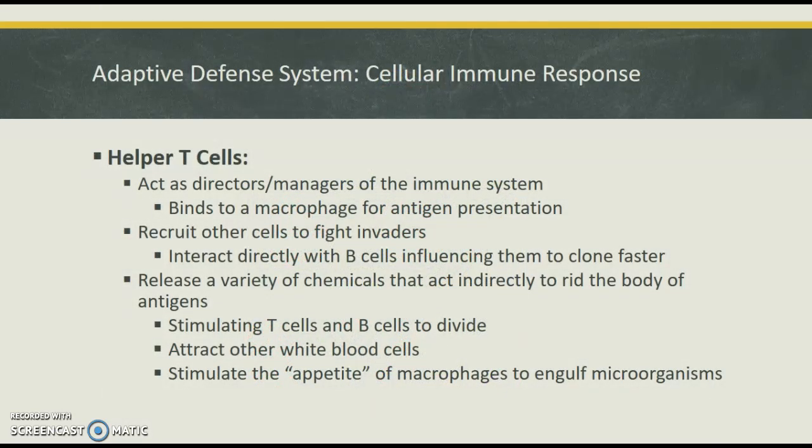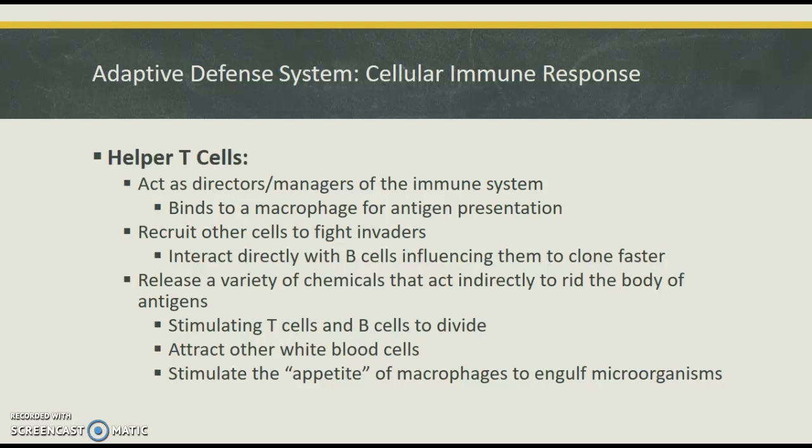Then we have helper T cells. Helper T cells act as the directors or managers of the immune system. So they're going to bind to a macrophage for the antigen presentation and recruit other cells to fight the antigen that it has now learned about.